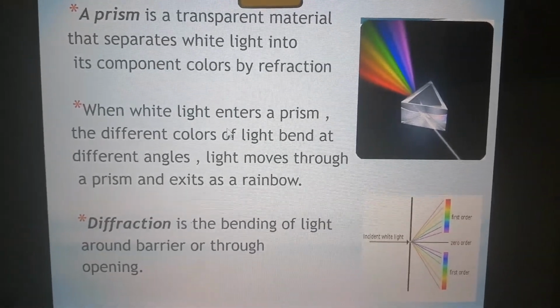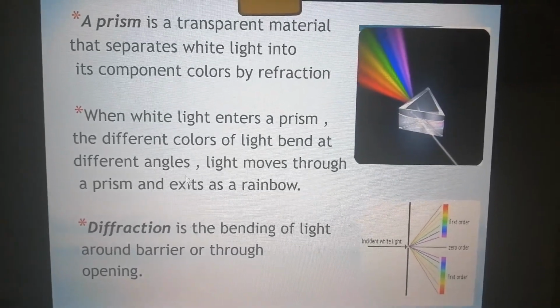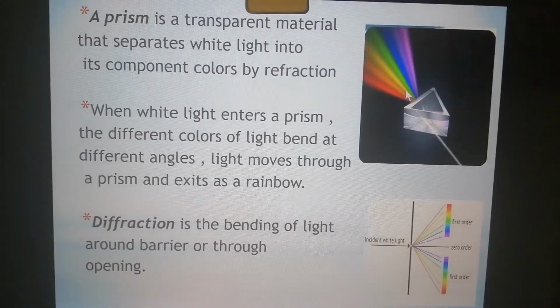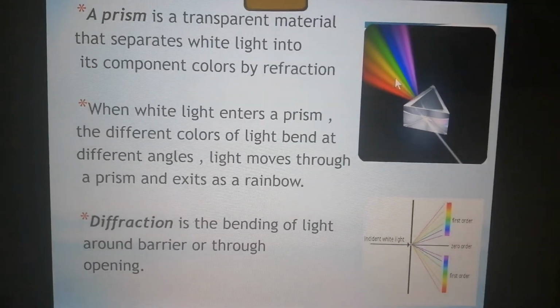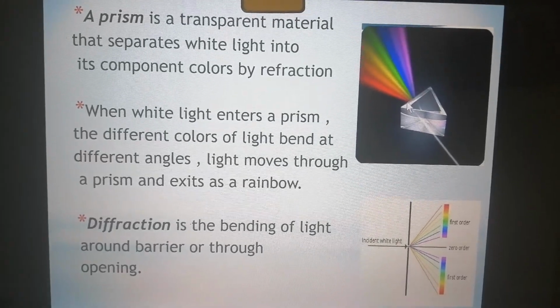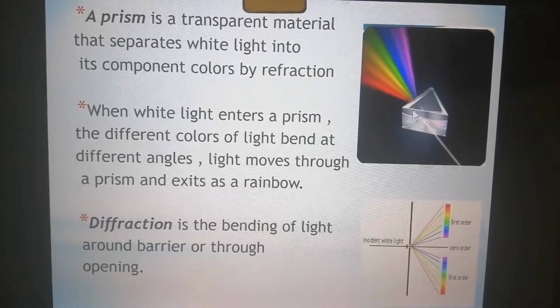The different colors of the light bend at different angles, so they are not only getting out from the other side, they are bent at different angles, not with one angle.